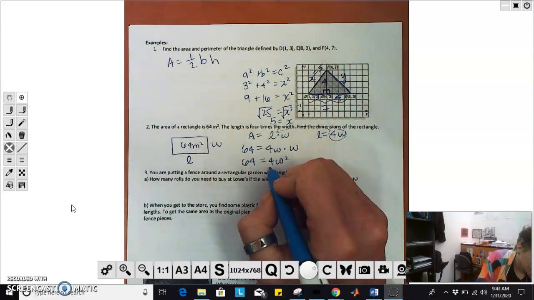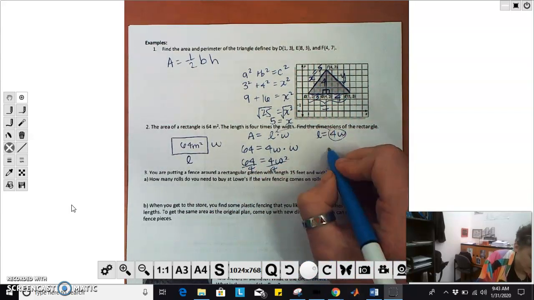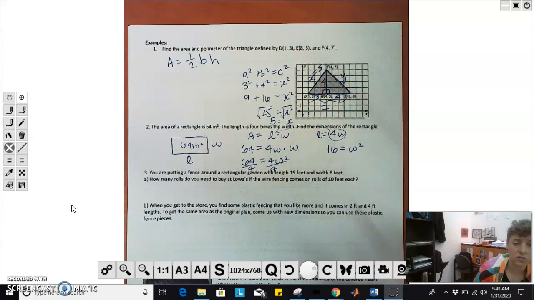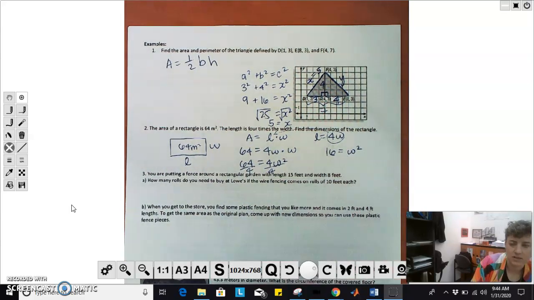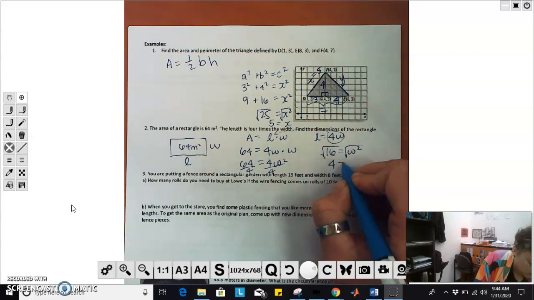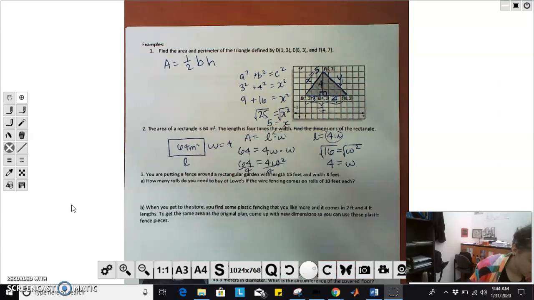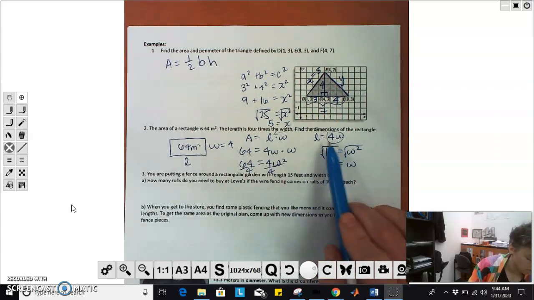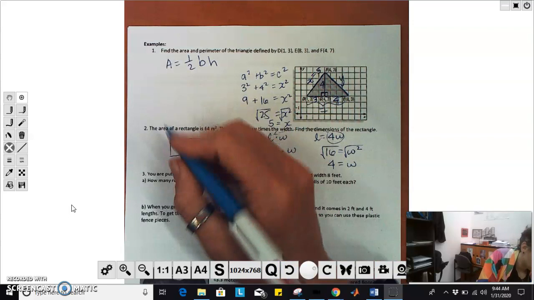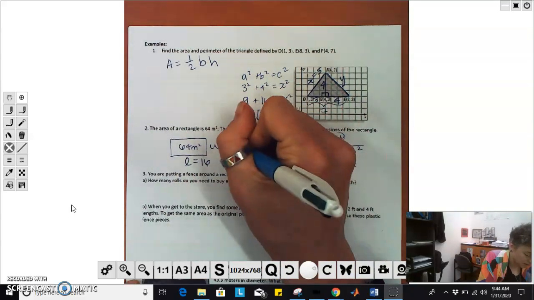We divide. 64 divided by 4 is 16 equals w squared. How do we get w by itself? Square root both sides. Very good. So 4 equals w. So we know the width is 4, and the length was 4 times that. So 4 times 4, that's 16. Those are the dimensions of our rectangle. It should be meters.